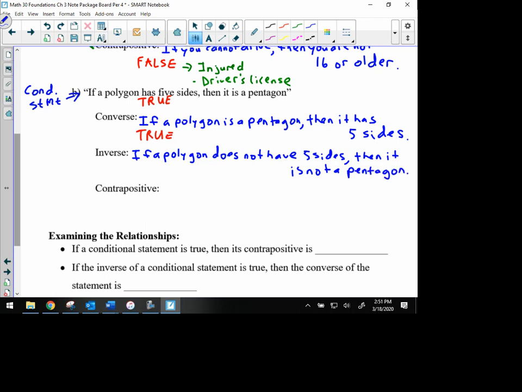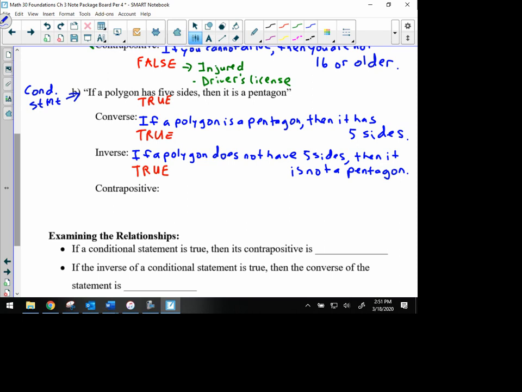So we're adding the nots in there now. We talked about a polygon that's not 5-sided, like a 6-sided figure. Well, then it is not called a pentagon, so that's true, right? There are other things we could refer to with that, but we don't need to provide those examples. We only need to if it's false.